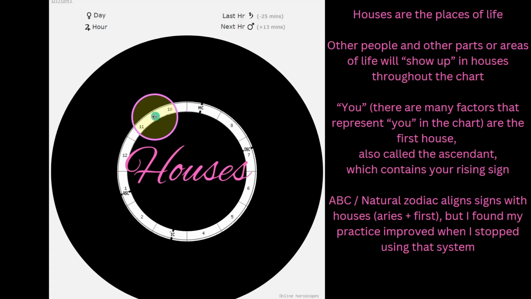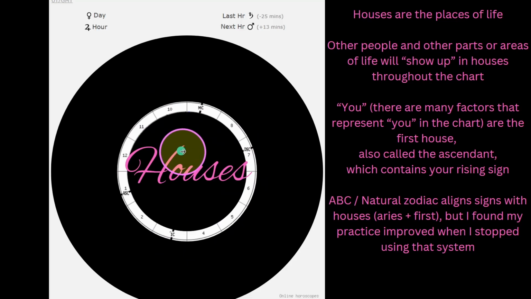The houses are going to be numbered on the very inside of the ring, and the very left of the chart represents the eastern horizon, and it always begins with one. One is always going to be over here, and then they go in order all the way around. Houses are the places of life.